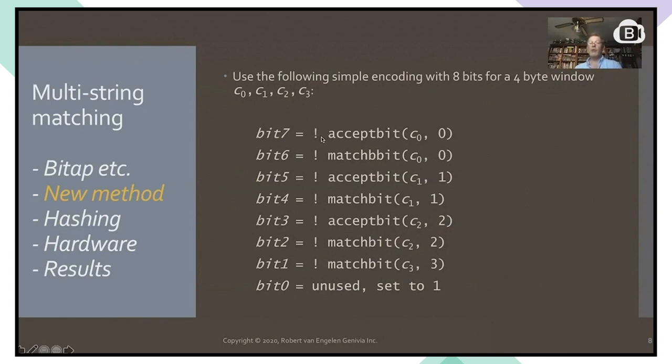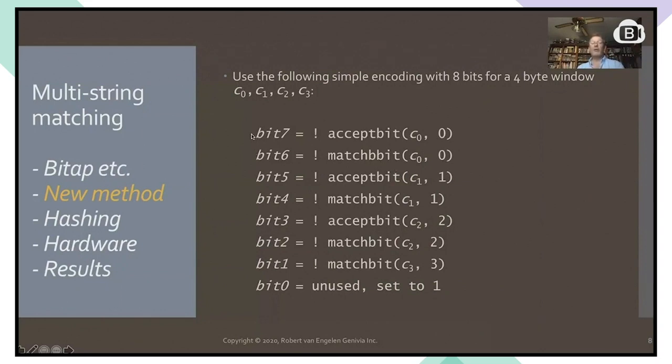And it's important, this only works more efficiently if we use the inverse, as I'll explain later. It is the inverse of the accept bit of the first character at offset 0. Bit 6 is the match bit of character 0, the first character in the sliding window at offset 0, and so on and so forth.